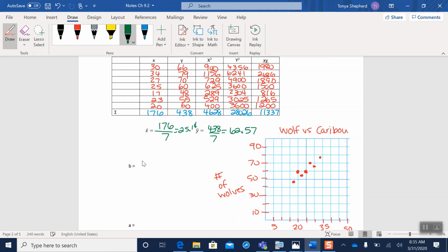Okay, our formula for b is n, which is 7, times the sum of the xy column, so that's 11337, minus the sum of the x column, so that's 176, times the sum of the y column, which is 438, divided by n, which is 7, times the sum of the x squared column, which is 4,628, minus the sum of the x column, which is 176, squared.